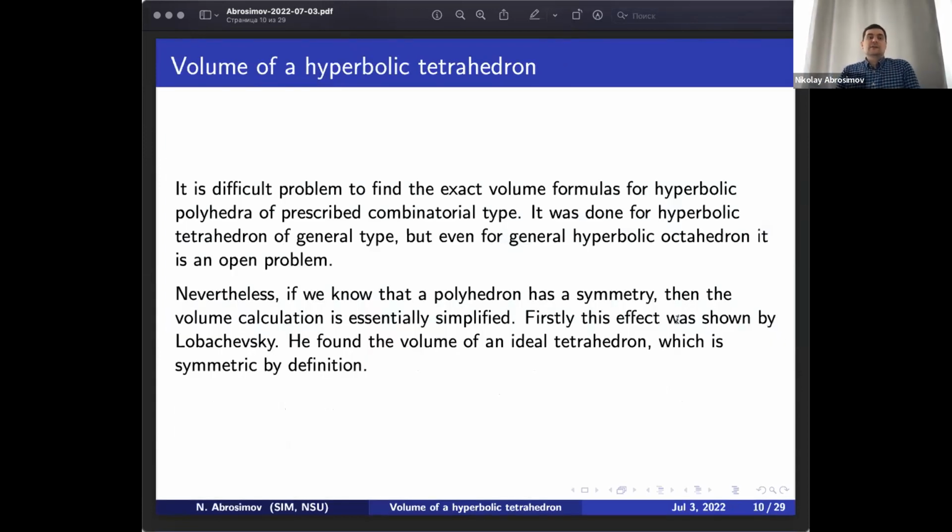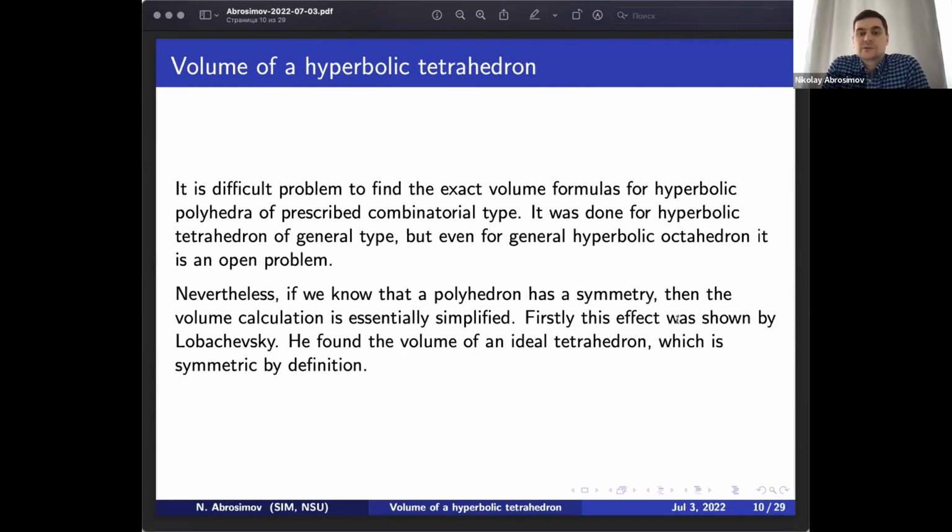It is a very difficult problem indeed to find the exact volume formulas for hyperbolic polyhedra of a prescribed combinatorial type. It was done only for hyperbolic tetrahedra of general type, but even for a general hyperbolic octahedron, it is an open problem. Nevertheless, if we know that the polyhedron has a symmetry, then the volume calculation is essentially simplified.